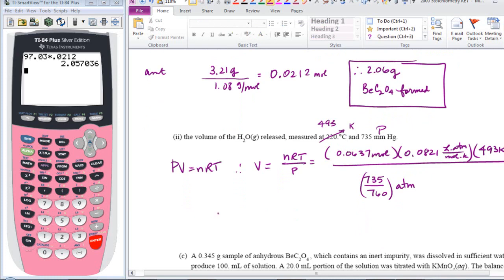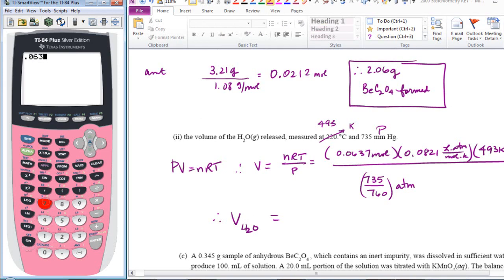So, therefore, this volume of water is going to be equal to, clear my screen, 0.0637, get that in there correctly? Yes, I did. Times, you can use your R, or you can type it in, it's your call, depends on if you've saved it or not, times 493. I should have said stored it, that's better than saving it. That's the right calculator lingo. So there's my numerator, divided by 735 divided by 760.